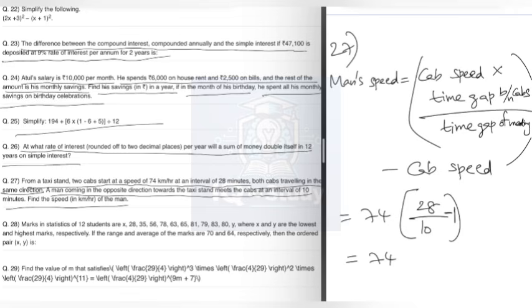That is equal to 74 into 18 by 10, that is 74 into 1.8, which is equal to 133.